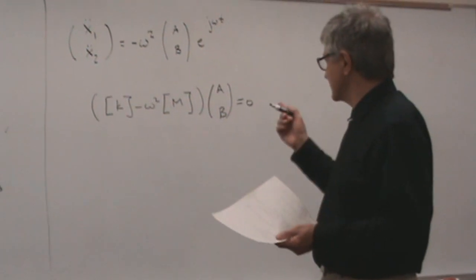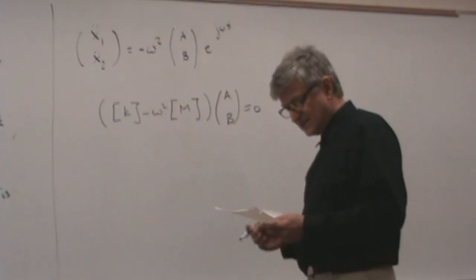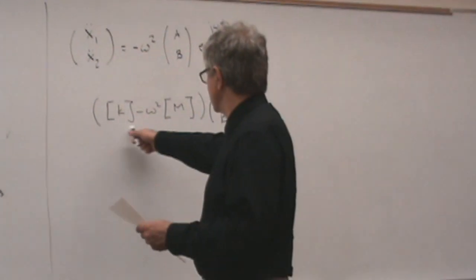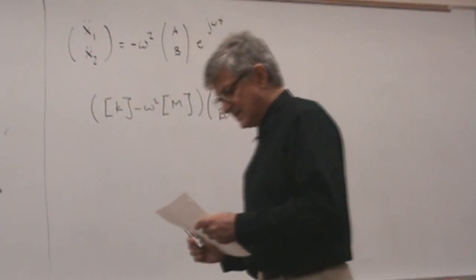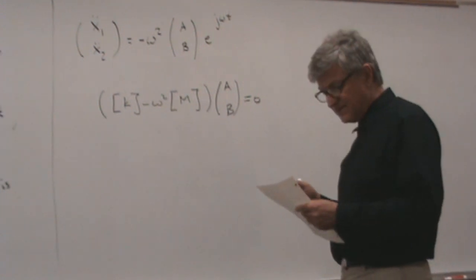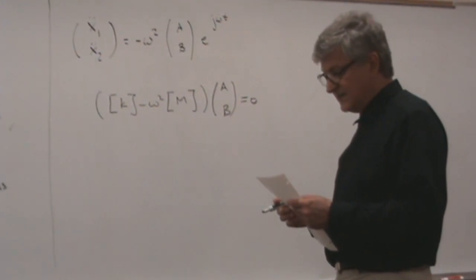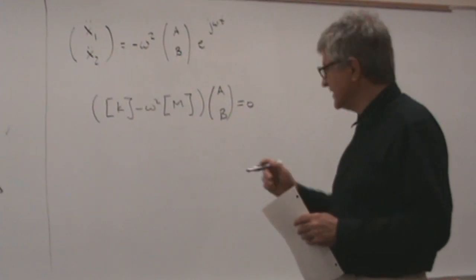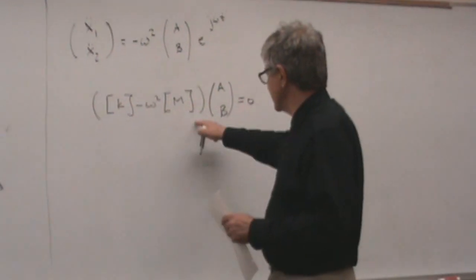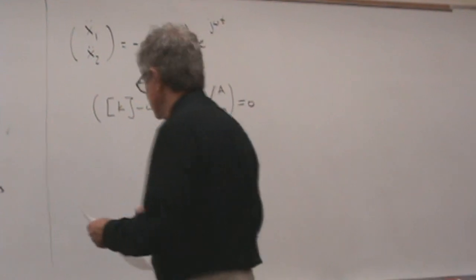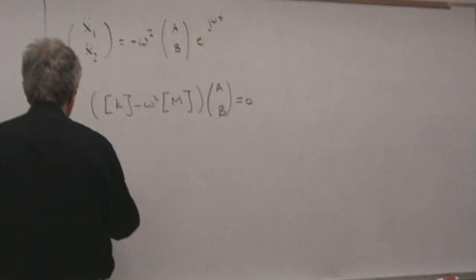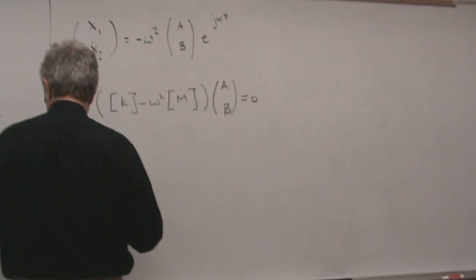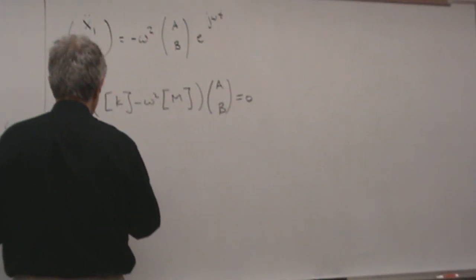Besides that, there are other solutions, and this is what we're trying to find. If you want to find a non-trivial solution, it can be found if the determinant of this matrix is 0.